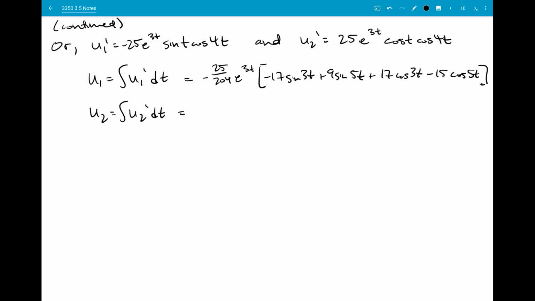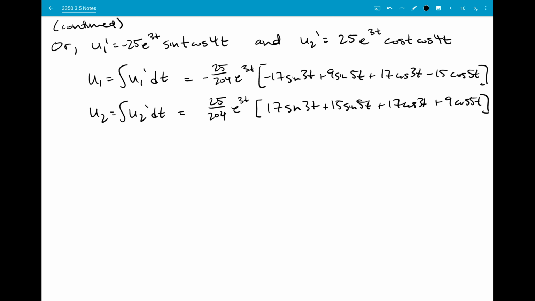Again, this is the kind of thing that SymbolLab or Wolfram Alpha would be nice for when you're actually doing your web work. And u2 is 25 over 204 e to the 3t times 17 sine 3t plus 15 sine 5t plus 17 cosine 3t plus 9 cosine 5t.